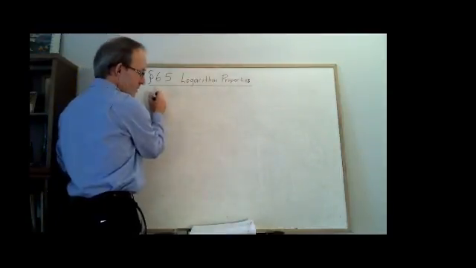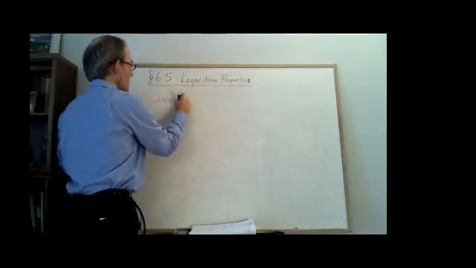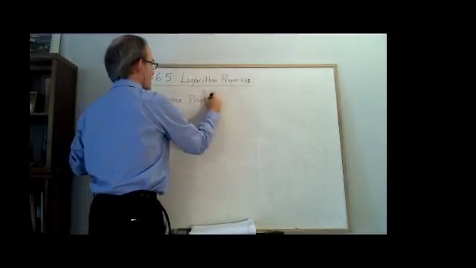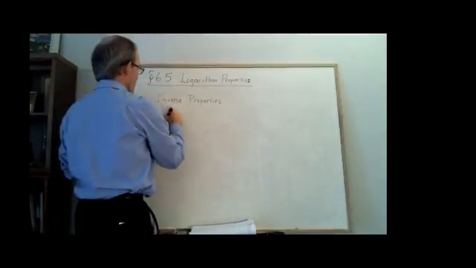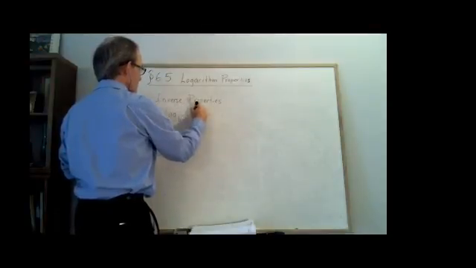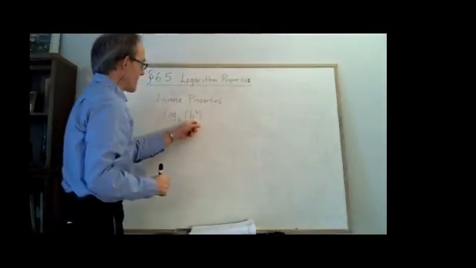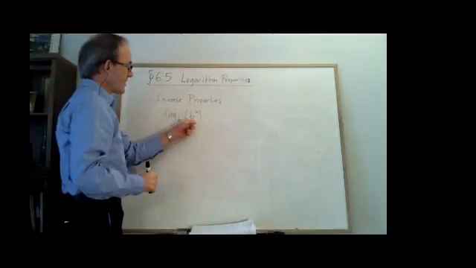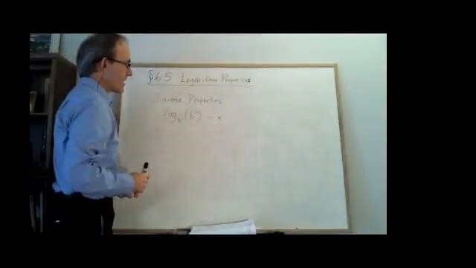Okay, so some of the properties, two of them, are called the inverse properties. And these have to do with the fact that the logarithm function is the inverse of the exponential function. What that means is if we take the exponential function of x to base b, and then you take the log base b of that, you get the original argument which was placed into the exponential function, namely x.